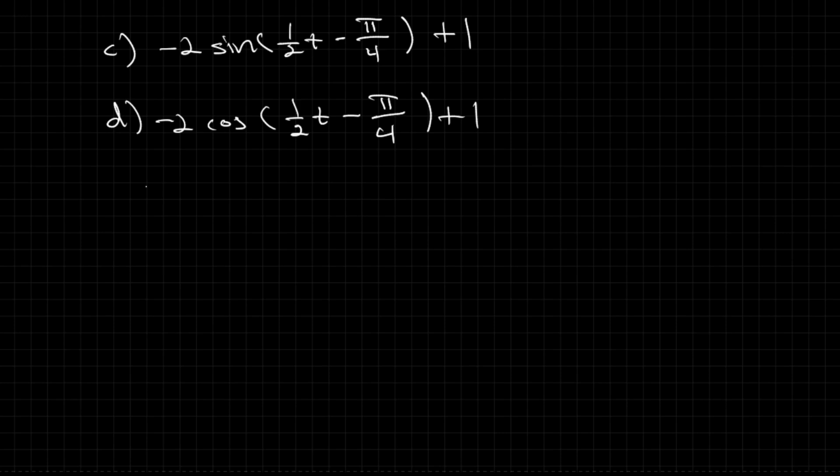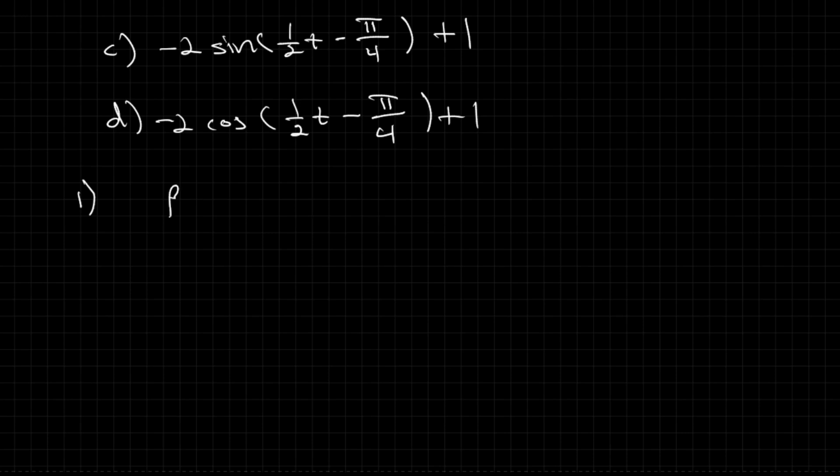Okay, so 3 steps. The first thing we're going to do is identify our midline and our top and bottom horizontal lines. To do that, we'll identify the transformations here.